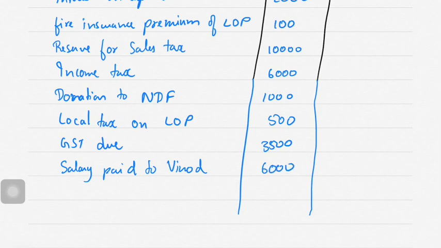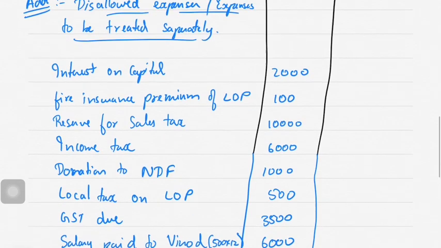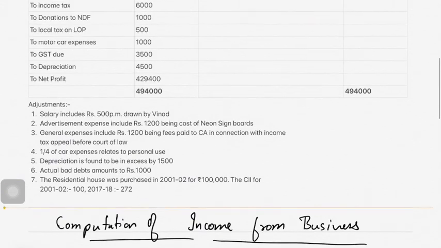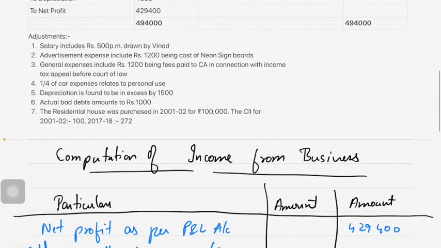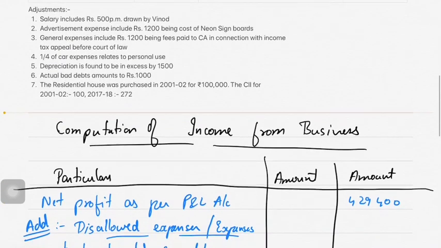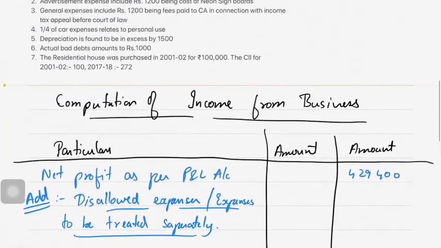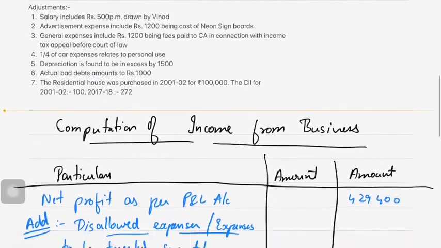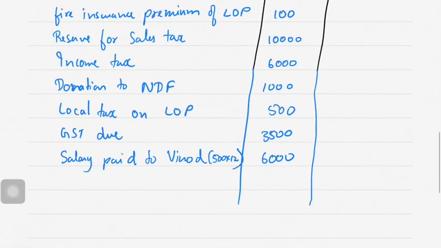Salary paid to Vinod, 500 into 12, which is 6,000. That is your first adjustment. Second adjustment, advertisement expenses include 1,200 being cost of neon signboard.